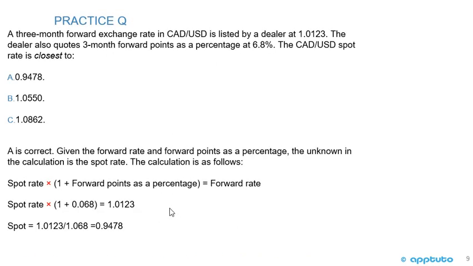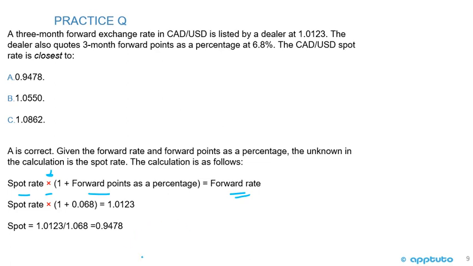Okay, this question is also fairly easy, just with a little bit of practice. So remember, how do we get the spot rate? It's the spot rate times, I put that in red there, just remember we're not adding in this case, 1 plus the forward points as a percentage, and that's going to equal the forward rate. Okay, so in this case they're asking for the spot rate.